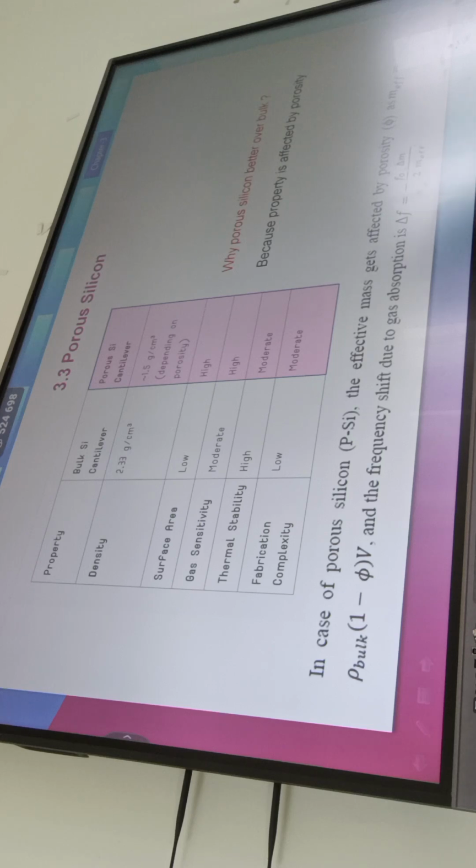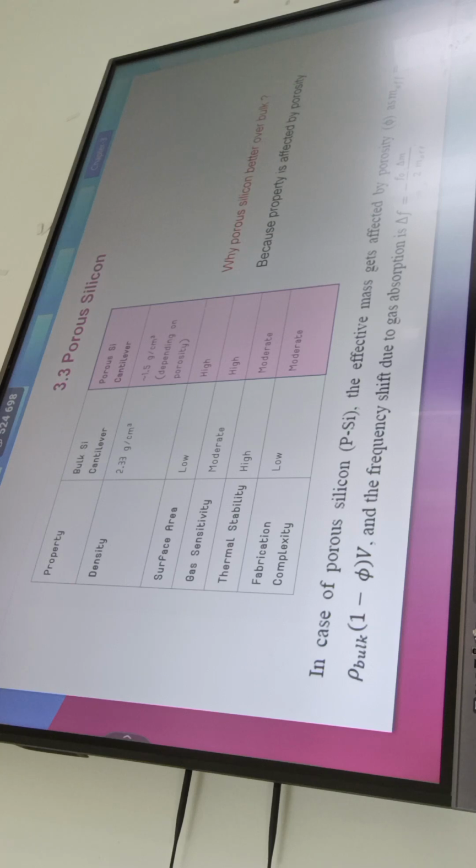Then from this we saw the difference between the bulk silicon cantilever and the porous silicon cantilever, in which the density in bulk silicon is comparatively higher as compared to the porous silicon, and the surface area is low, but in porous silicon the surface area is high.